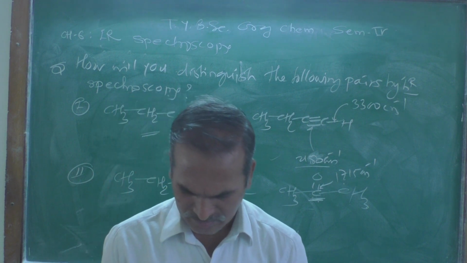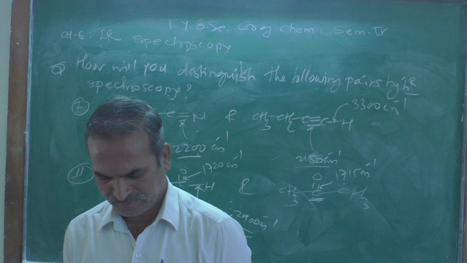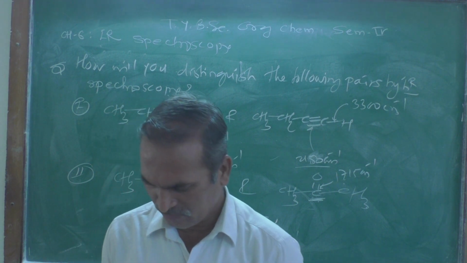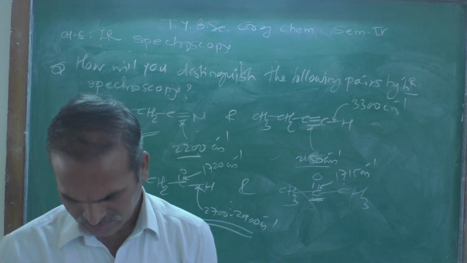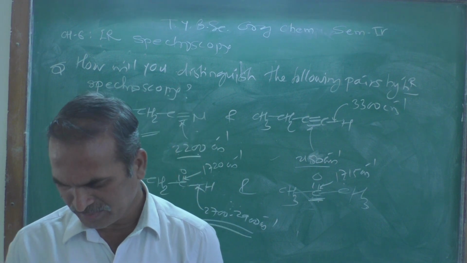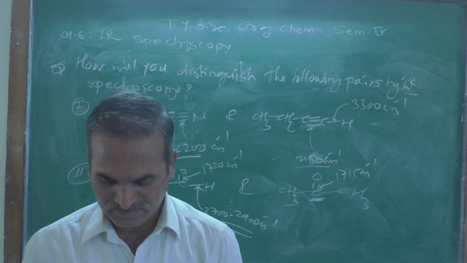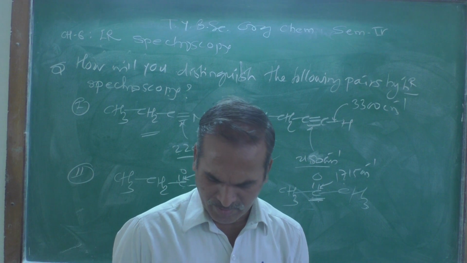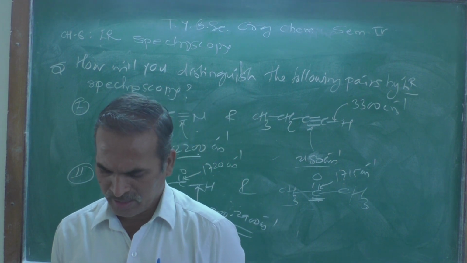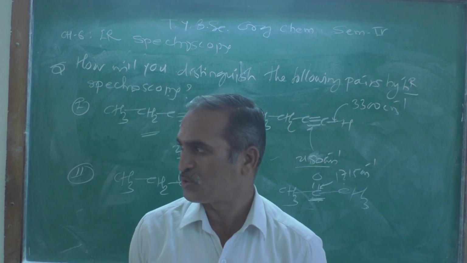Now I think these are enough examples of these types of problems. Then there may be a question, maybe for 2 or 3 marks, like what are the applications of IR spectroscopy.